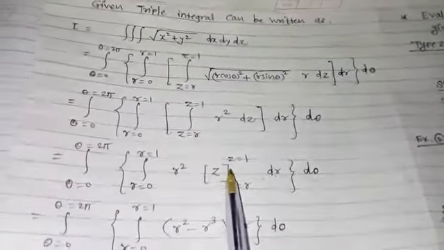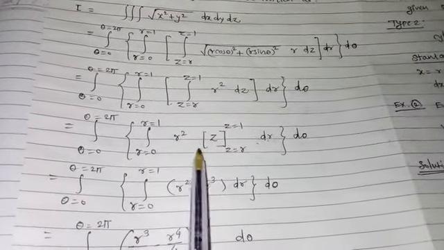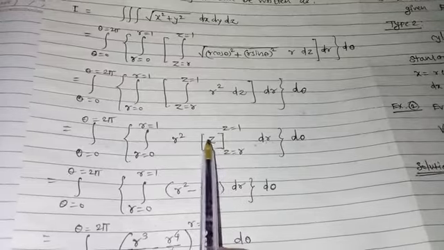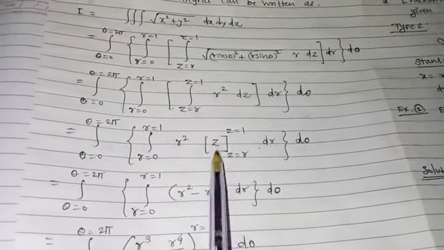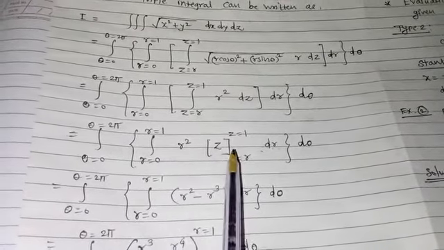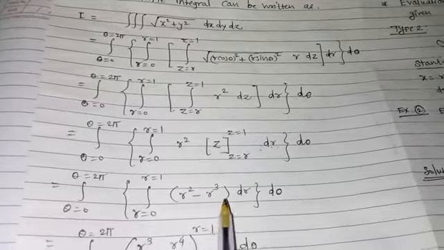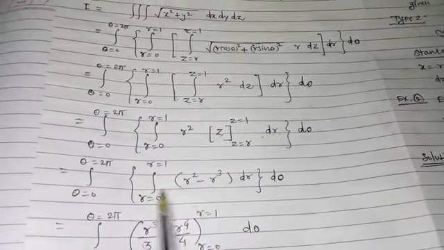So after putting upper limit and lower limit, we'll get r square times (1 minus r), and after multiplying this r square inside that bracket, we get r square minus r cube. Now we are taking integration of this with respect to r.